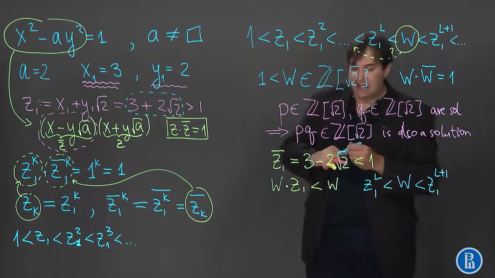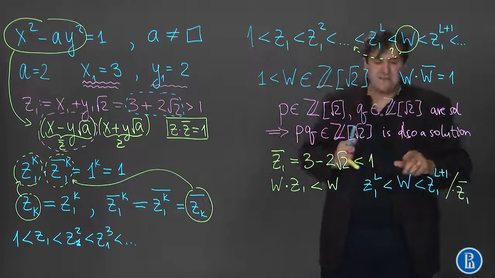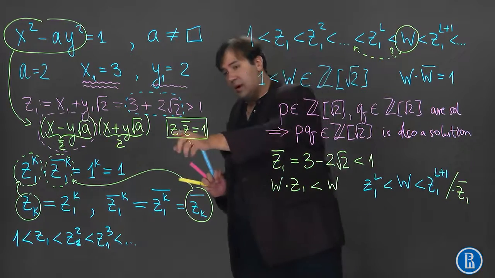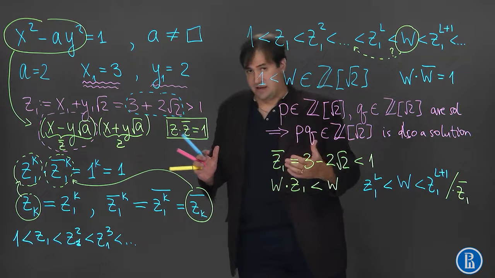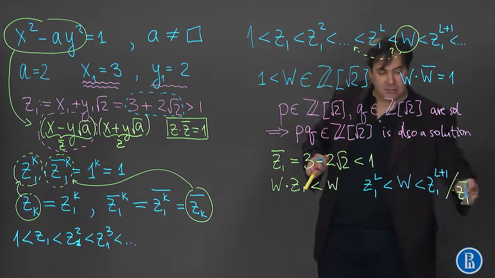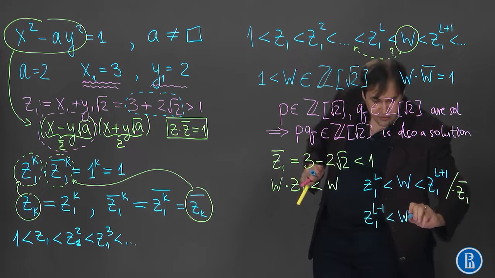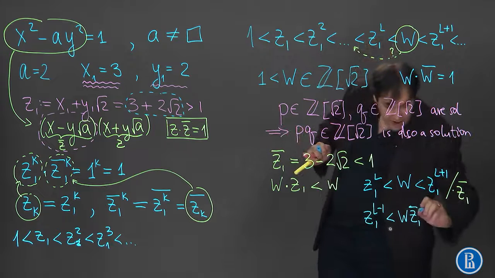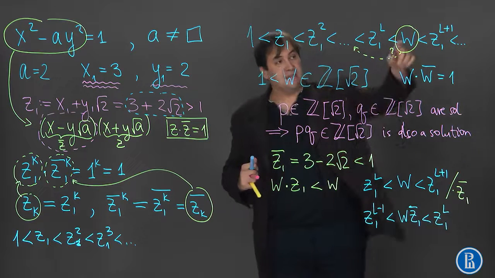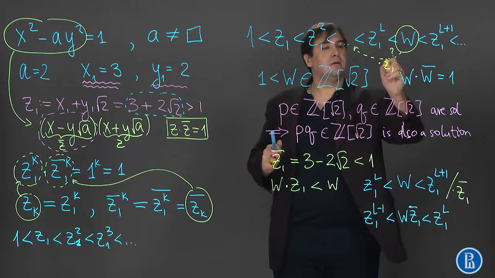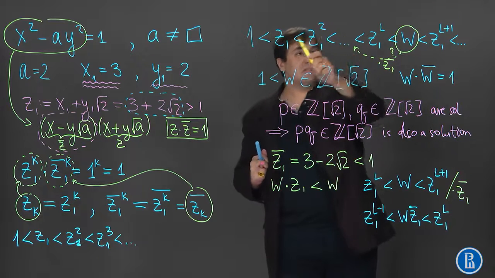These two inequalities, when multiplied by z1 conjugated, which actually means when divided by z1, because z1 and z1 conjugated are mutually inverse, so multiplying by one means dividing by the other one, give us the following inequalities: z1 to the power of L minus 1, here we have some solution of Pell's equation, and here we have z1 to the power of L. Now notice that multiplying this solution by z1 conjugated brings us to a solution between this one and the previous element of this sequence.